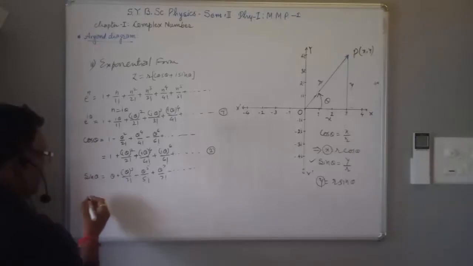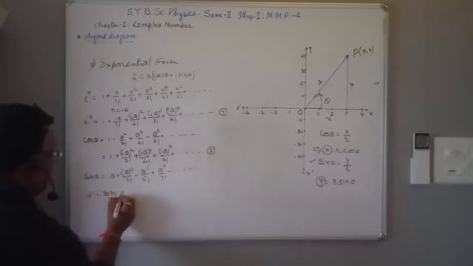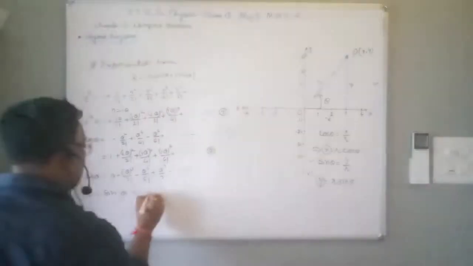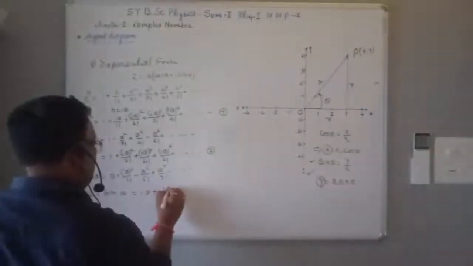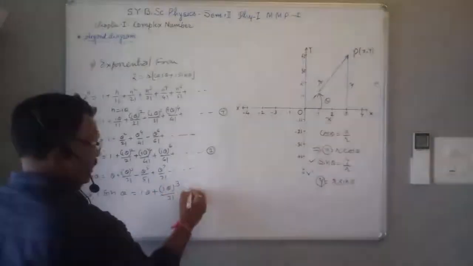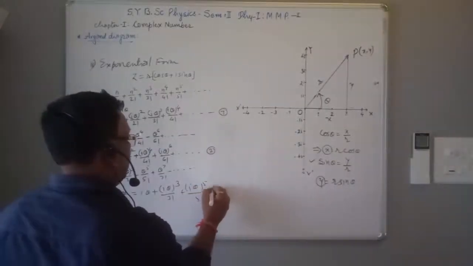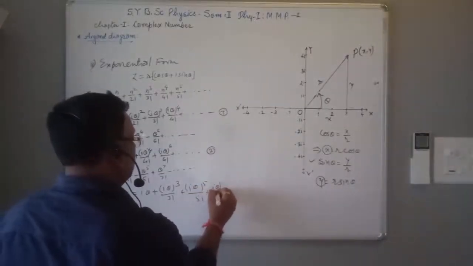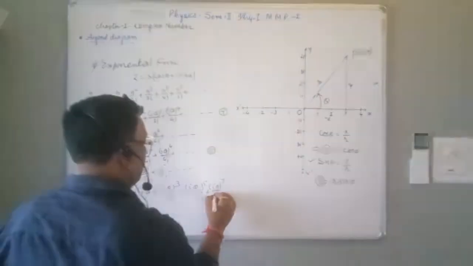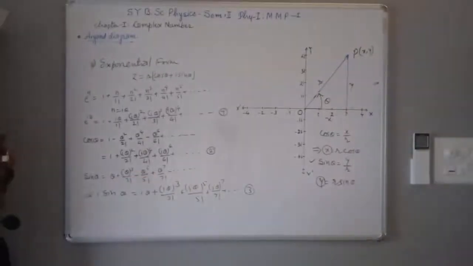Again here we can rearrange and write i sin theta. i sin theta is equal to i theta plus (i theta) whole cube upon 3 factorial plus (i theta) raised to 5 upon 5 factorial plus (i theta) raised to 7 upon 7 factorial and so on. This is equation 3.